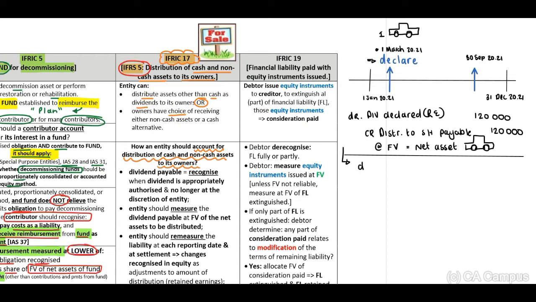Therefore, we will then have to debit our non-current asset held for distribution. Remember, distribution to the owners. We will have to debit and take out that vehicle, let's say motor vehicle, at cost. We will have to credit the motor vehicle's accumulated depreciation.